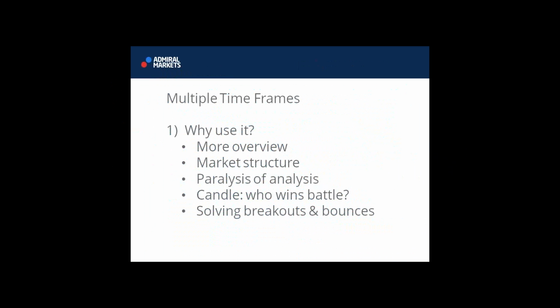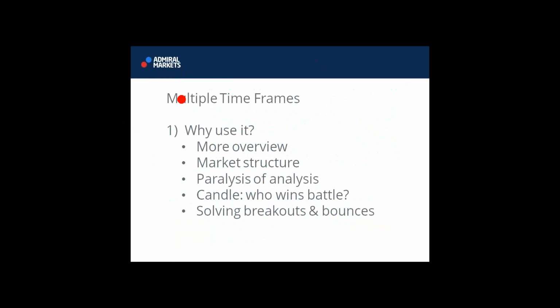There are also some things regarding, for instance, the candle. We can see clearly with the candle who wins the battle. For instance, if there's a 1-hour breakout, is that breakout successful or not? If we zoom out to a 4-hour chart, we will see by looking at the candlestick whether there is a successful breakout or not.